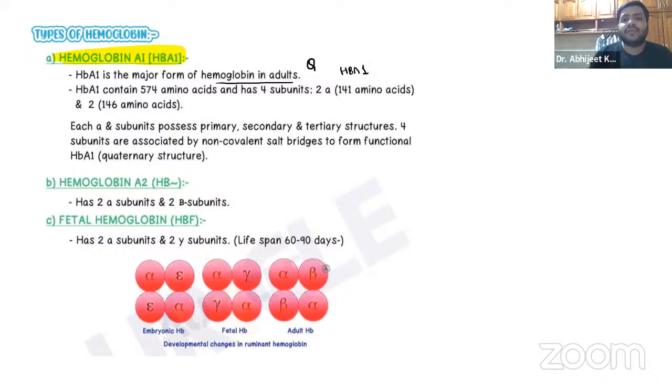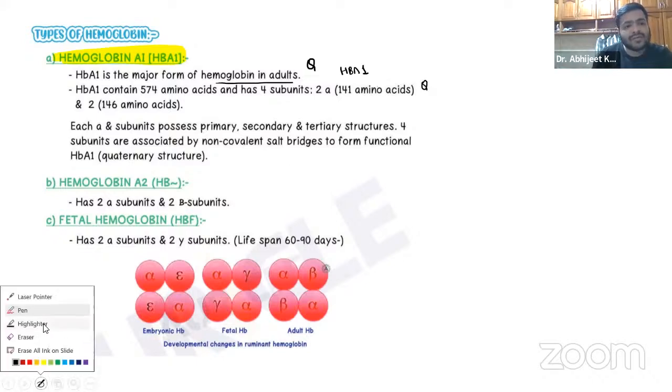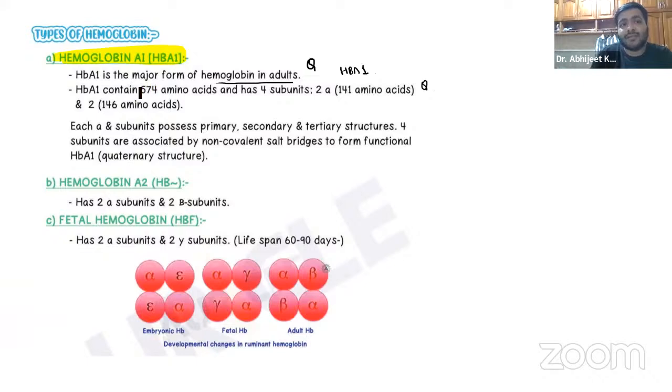Now, again, a second Viva question that can be asked in the practical exam: how many amino acids make this HbA1? That is 574 amino acids and it has 4 subunits. 2 alpha, that is 141 amino acids each, and 2 beta, that is 146 amino acids each, right?